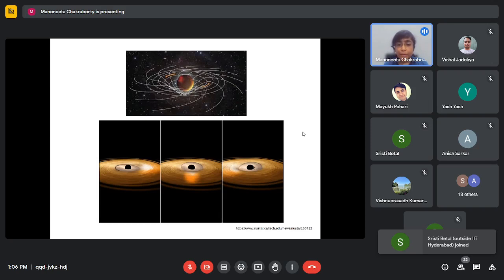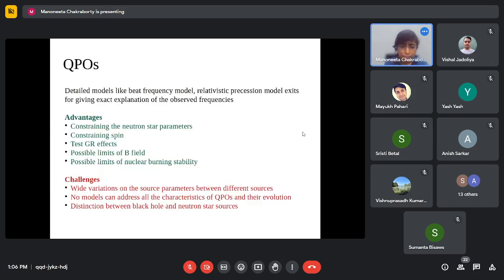And because they are happening close to the black hole and very intricately related to the spin and the mass and the gravitational effect of the black hole, study of this can help probe what is happening in the vicinity of the black hole, and whether what Einstein's general theory of relativity has predicted is indeed consistent with what we are observing close to a very highly gravitating object or not.